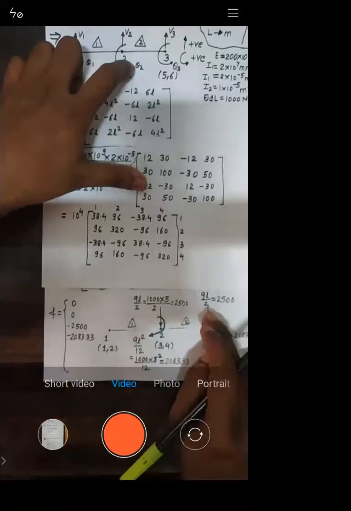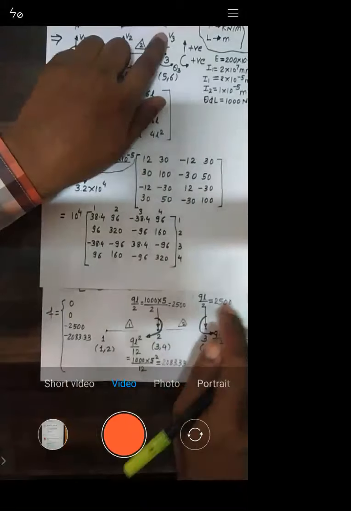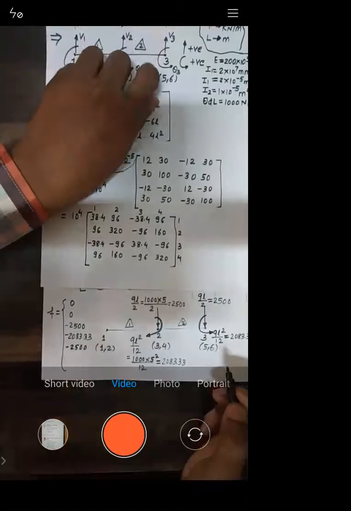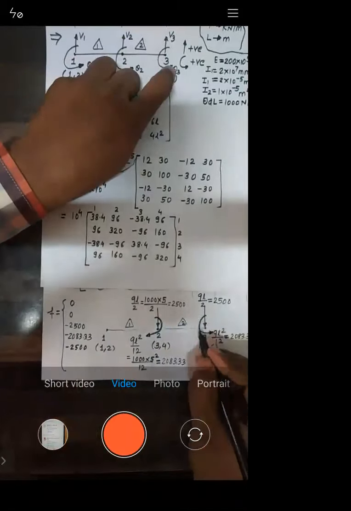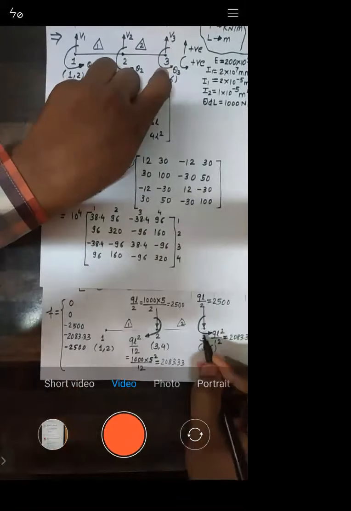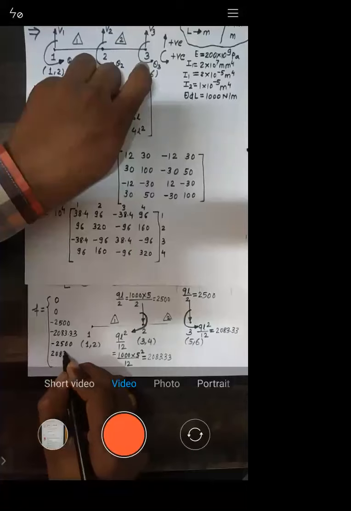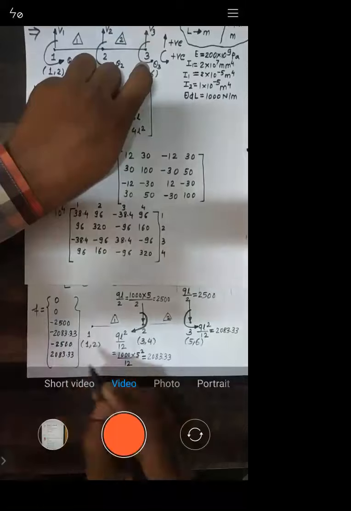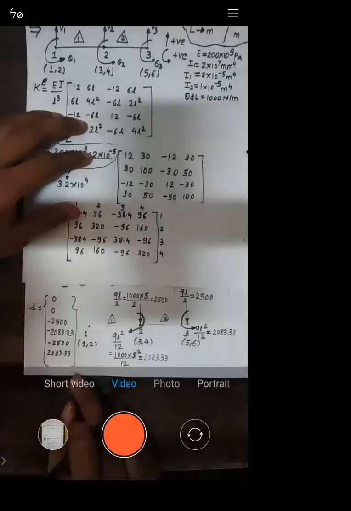Now come back to this diagram. This is going upward, this is going downward, so again I need to write down minus 2,500. Now this is anti-clockwise, this is again anti-clockwise, so this is plus 2083.33. The purpose of doing all this is to write down the force column.